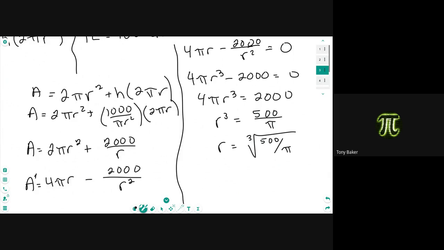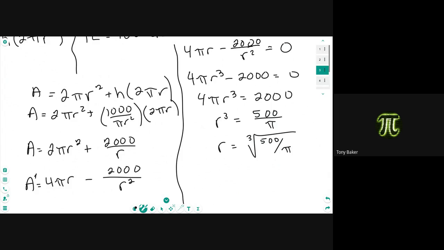So it's the third root of 500 over pi. Oh yeah, I could.